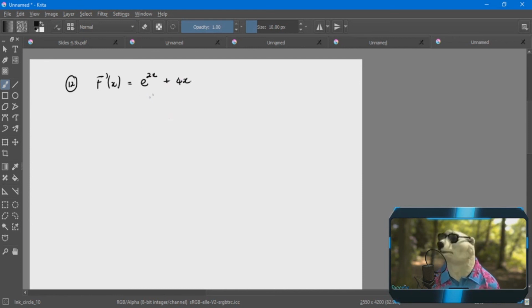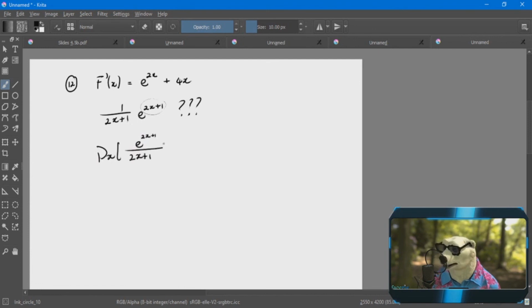I see some people say, oh, well, it's going to be e to the 2x plus 1, and then I have to put a 1 over 2x plus 1 in front so that the power rule can cancel when it brings it out in front. But the power rule doesn't apply to an exponential function. If I try and take the derivative of this, it's a quotient rule situation.